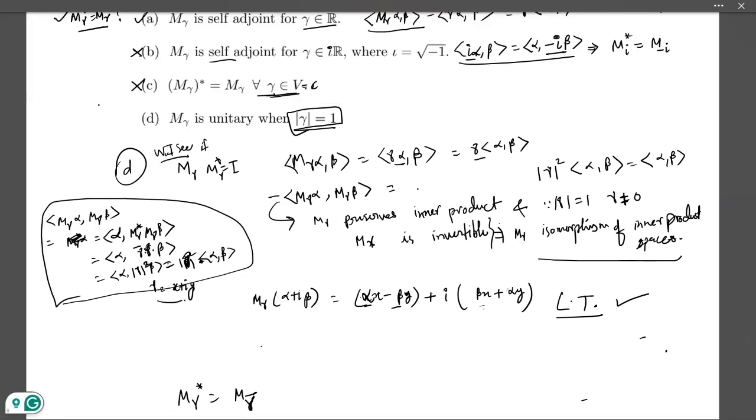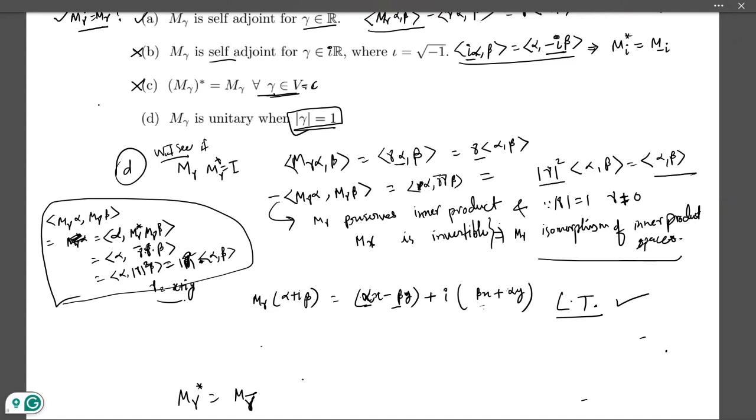So here it will become gamma alpha and gamma beta. Basically gamma bar, gamma beta, and then gamma square will come outside, and then it is one and so on.